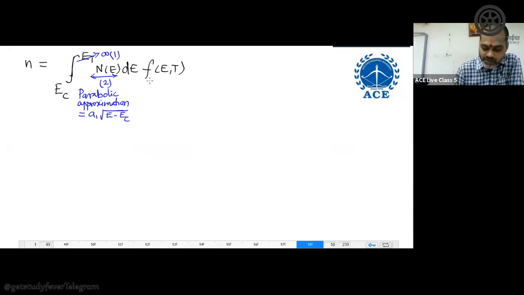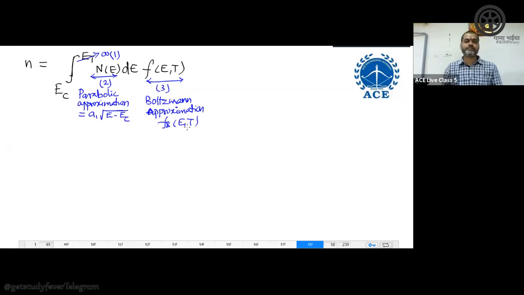Then the third approximation is the Boltzmann approximation, where f of E comma T can be written in the Boltzmann form. These are the three approximations we apply to find the final value. Here I am not going into the differentiation and all, but you must understand how you are applying these approximations and calculate the expression.